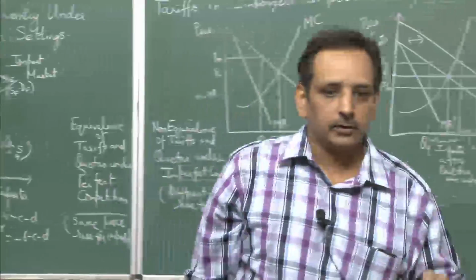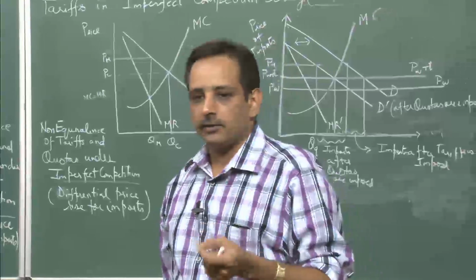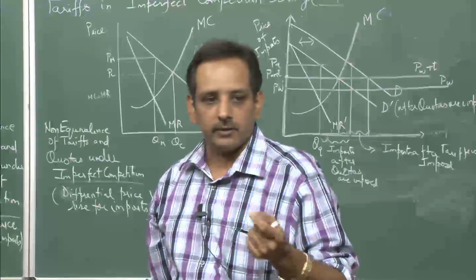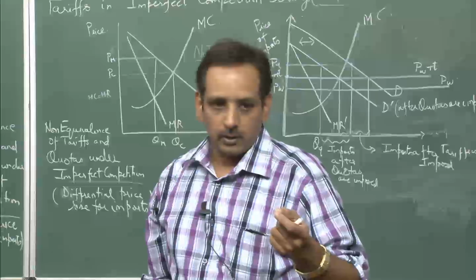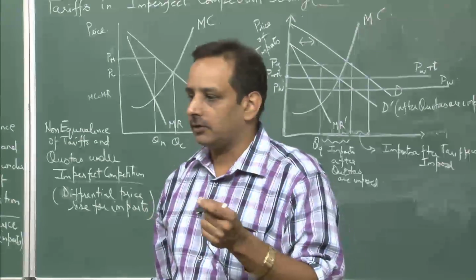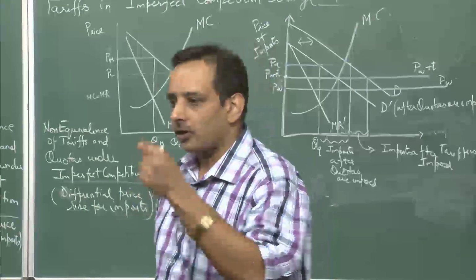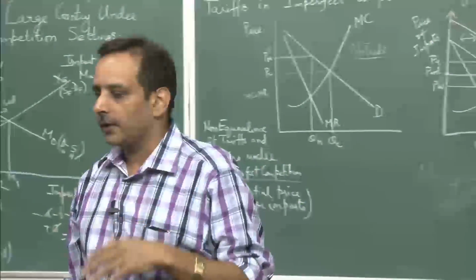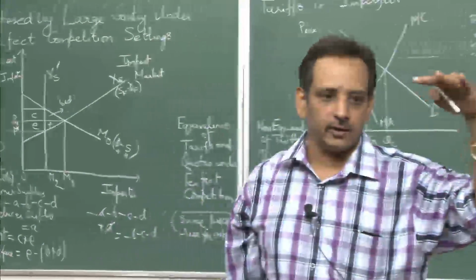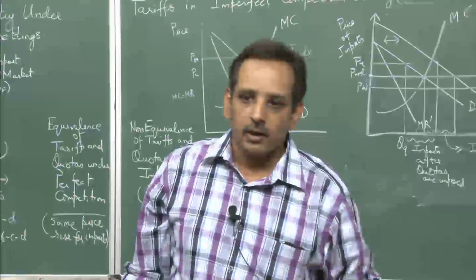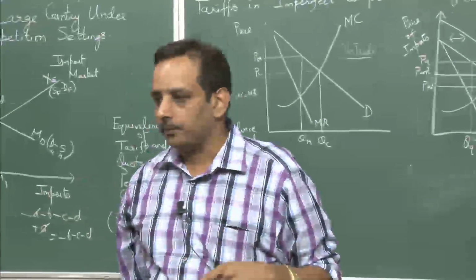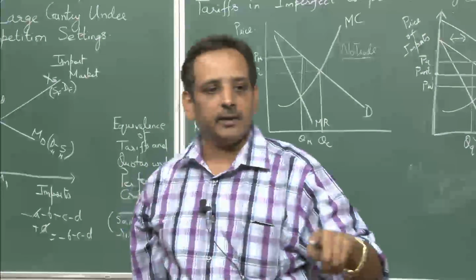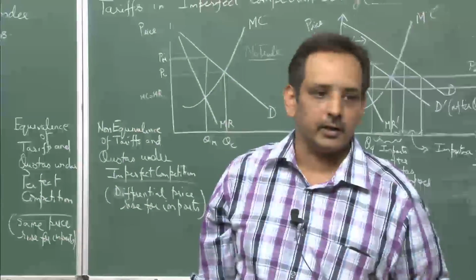Why? Because remember, when you give export subsidies, the price that the exporter receives is PW, the world price, plus rupees S for each unit exported. I am an exporter, I would love to receive PW plus S. Now there are other producers also who are selling the same product domestically.